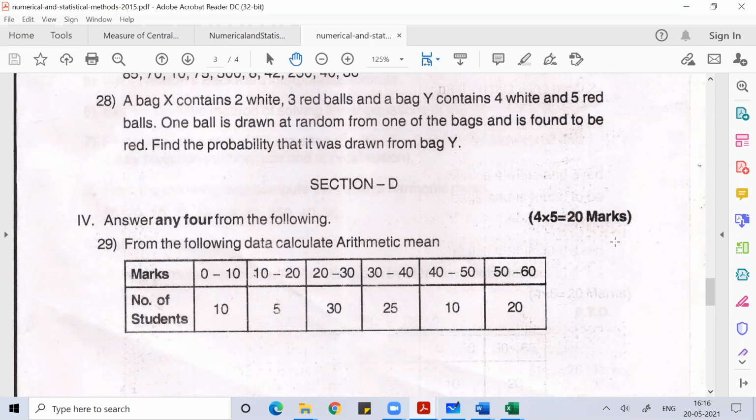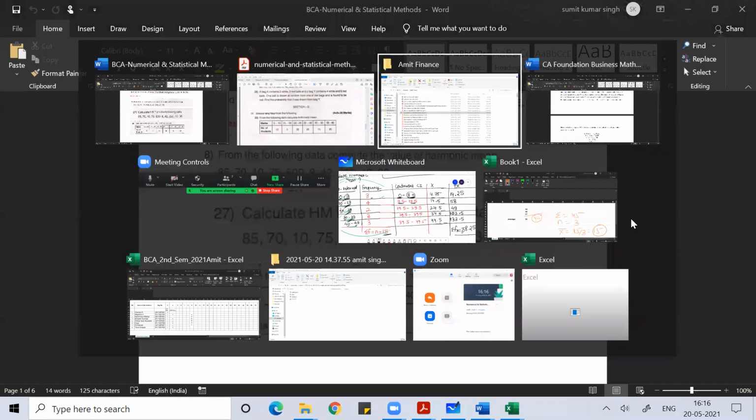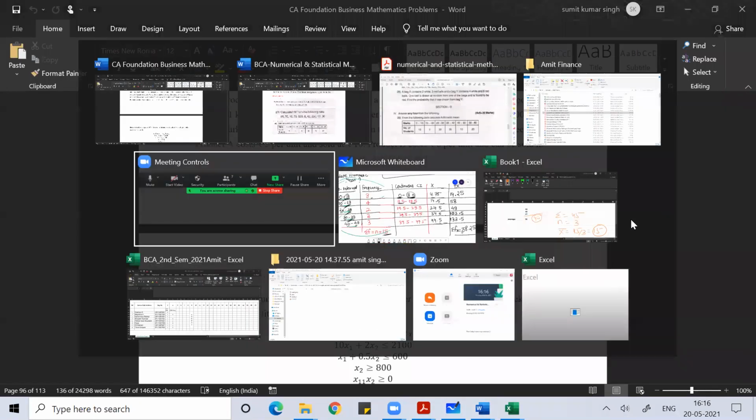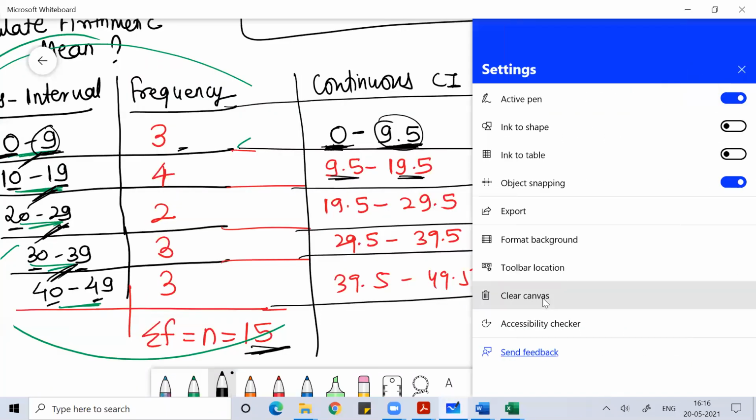From the following data, calculate the arithmetic mean. This was a 5 marks problem which came in your exam.